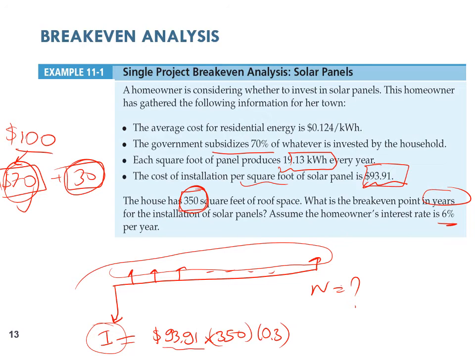So it means that the initial investment cost for me is 30% of this total cost. Okay, what about the annual savings? The annual savings will be due to the energy cost. Okay, since these panels will produce energy, I will not buy this energy from the electricity company. I will use the energy that I produced. And in total, what will be the amount of saving each year?